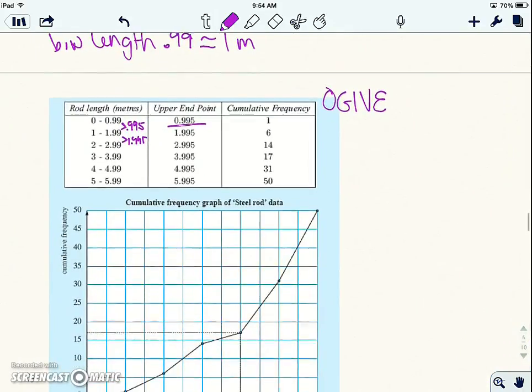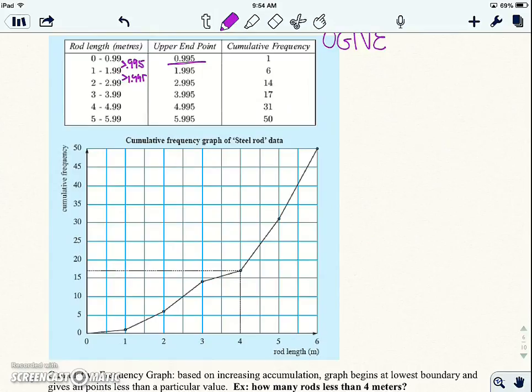And what I mean by that is what they did is they broke it down. Here are bin lengths. A length of 1, 1, 1, 1, 1, 1, or 0.99. And what they claim is that everything over here is from 0 to 0.99, and everything over here is from 1 to 1.99.